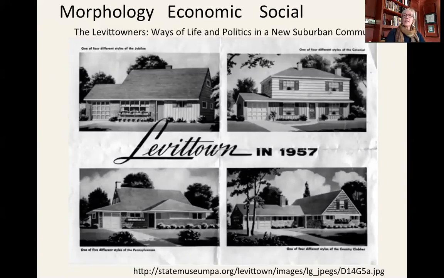So this is, in effect, the beginning of white flight. This is the beginning of an economic stimulus package that allows a certain demographic of our country to move outside of the cities and be given a great reason to do it.